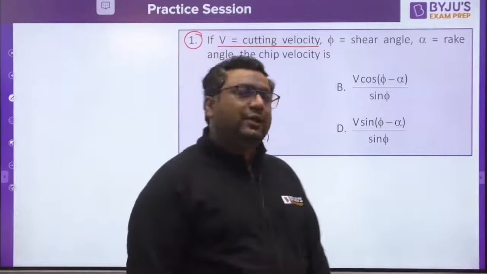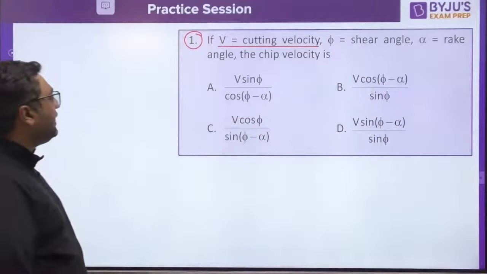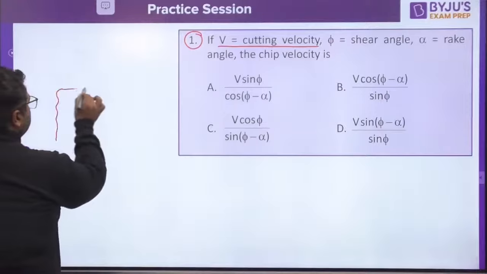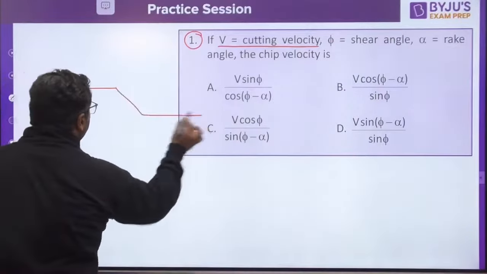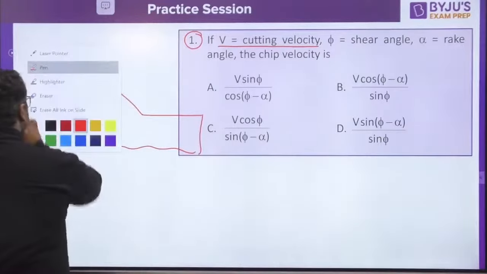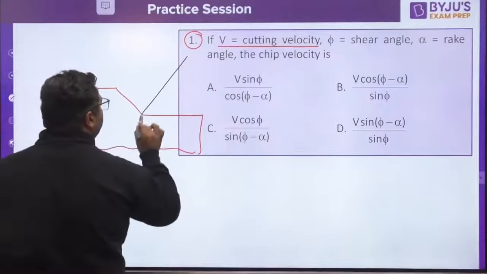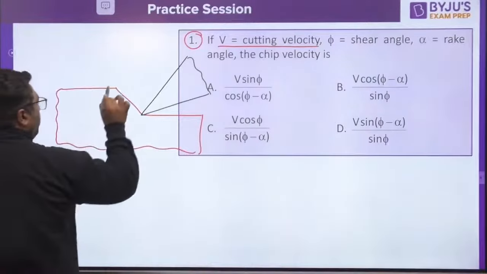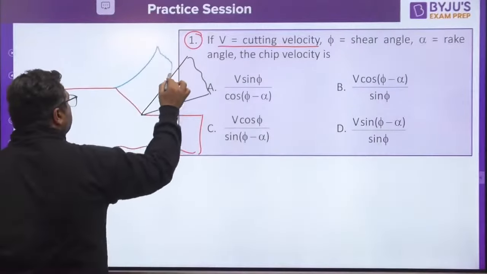Yes dear, this is the first question. V is the cutting velocity. You know very well, when we have interfaces, this is the workpiece. We actually have 3 interfaces. We also have a cutting tool, which I am showing in a different color. And then we have the chip like this.